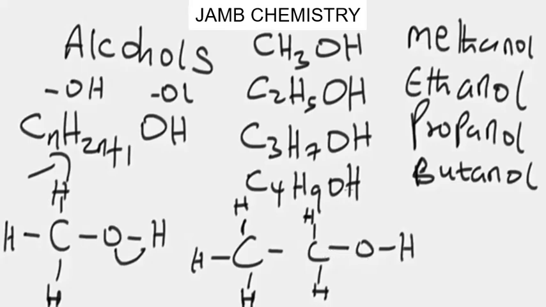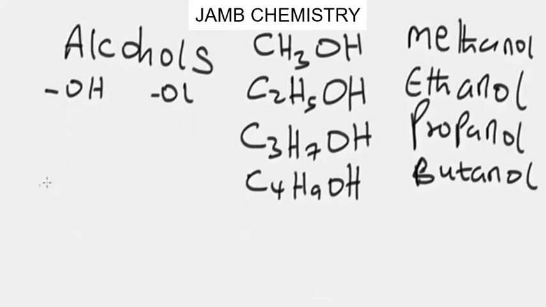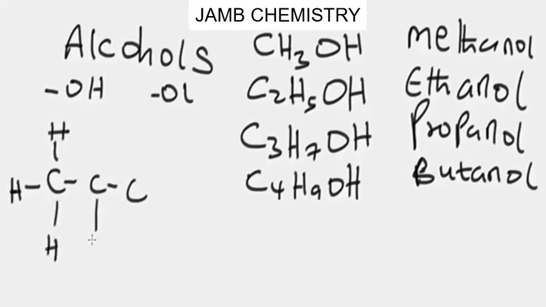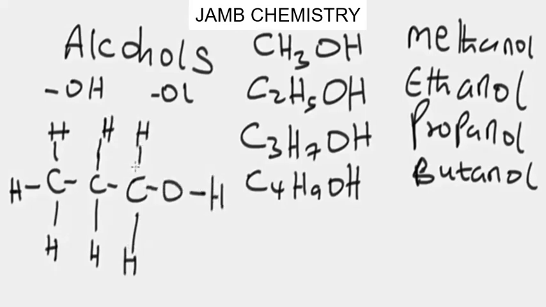So this is our ethanol, C2H5OH. Next, our propanol; let me write below. The chemical structure of propanol has three carbon atoms, so this will be the chemical structure for propanol, C3H7OH.